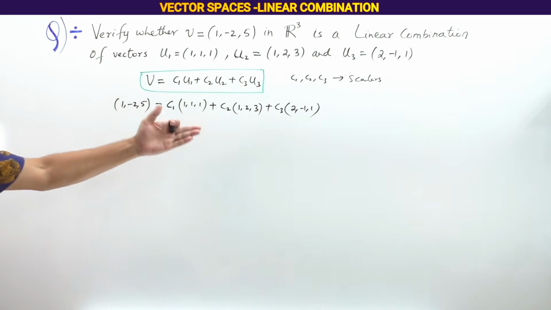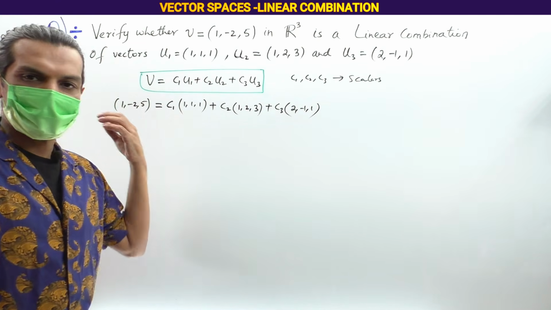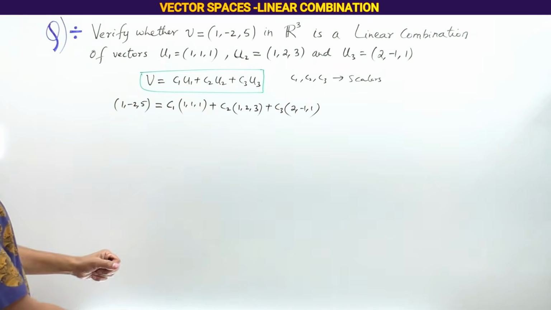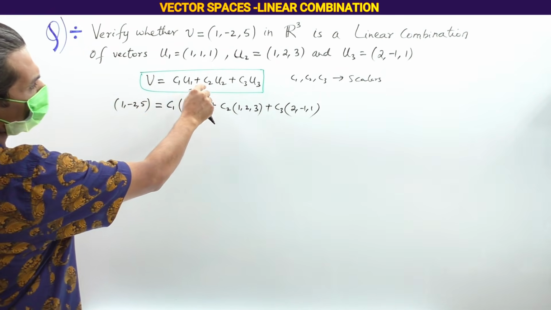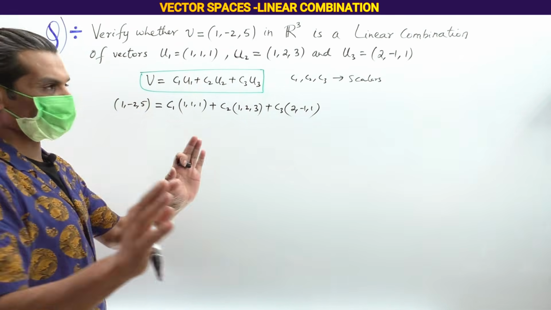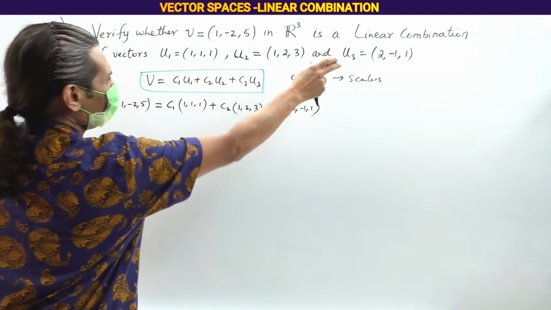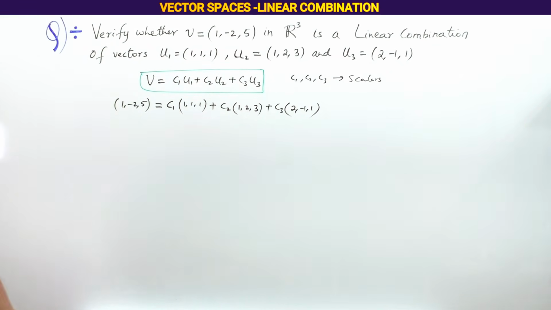You can take C1, C2, C3 as a, b, c or alpha, beta, gamma also, whatever it is. I have taken V = C1 U1 + C2 U2 + C3 U3 for convenience, because V and U1, U2, U3 are the given vectors for which we have to check the linear combination.